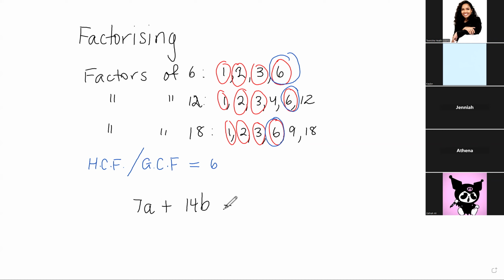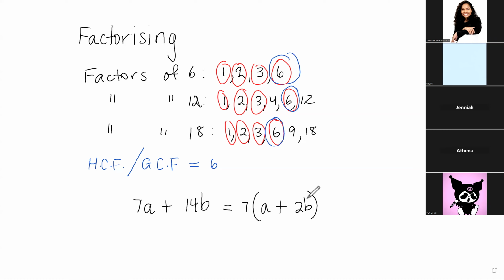And if I were to factorize it, here's how I do it. Well, I say 7, I put it on the outside of these brackets, and I say, well, 7 times a will give me 7a, or 7a divided by 7 is just a, and then 14b divided by 7 will be 2b.